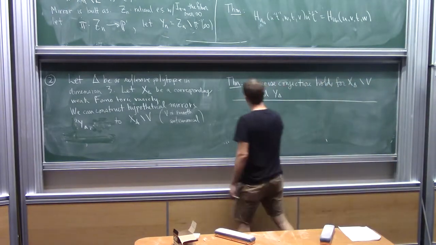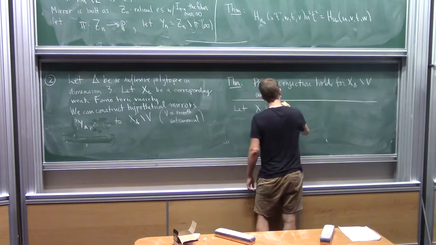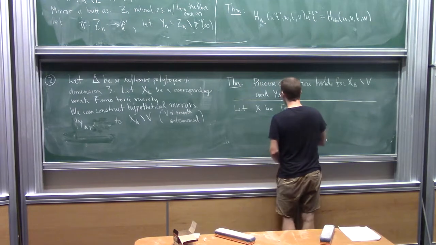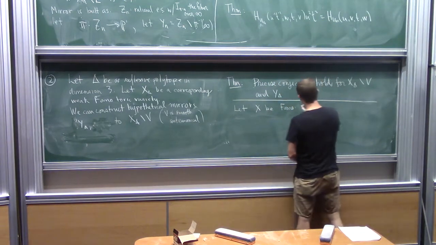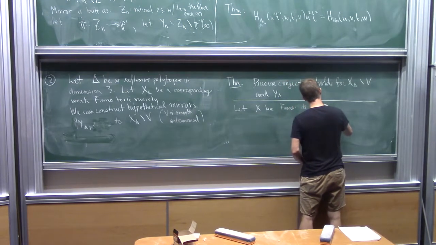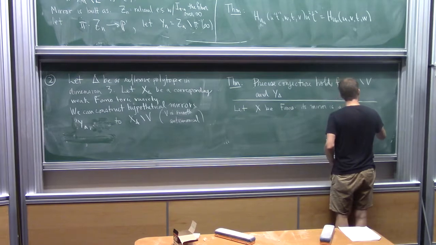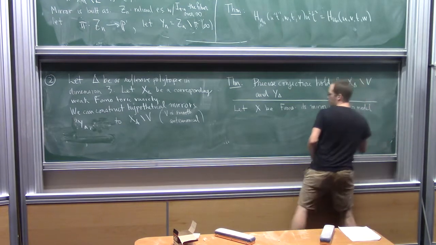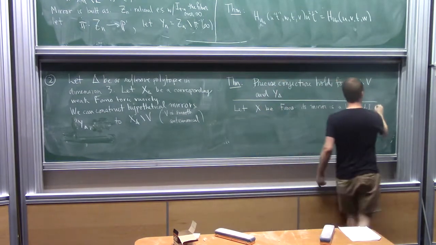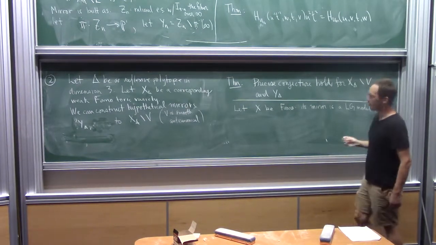So let X be Fano. Its mirror is a Landau-Ginzburg model. It's called (Y, W). Okay.